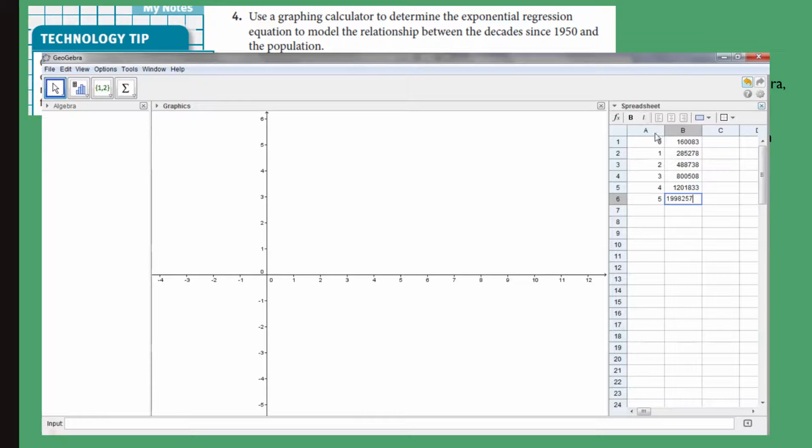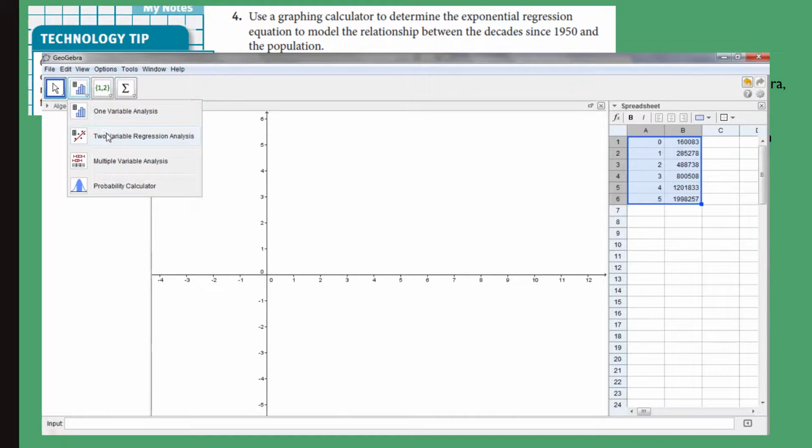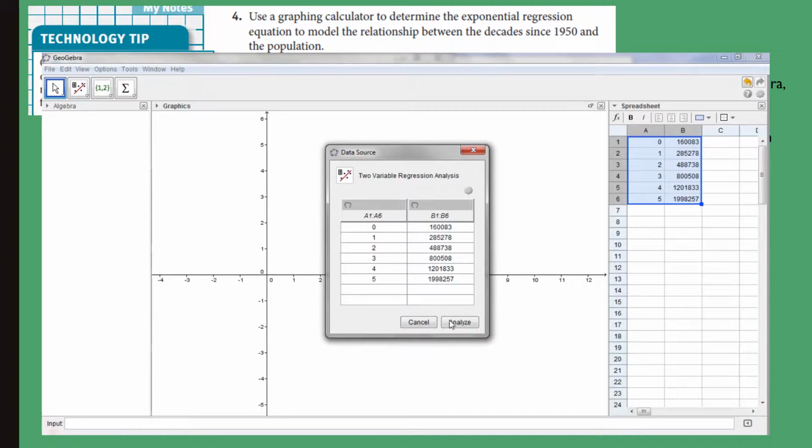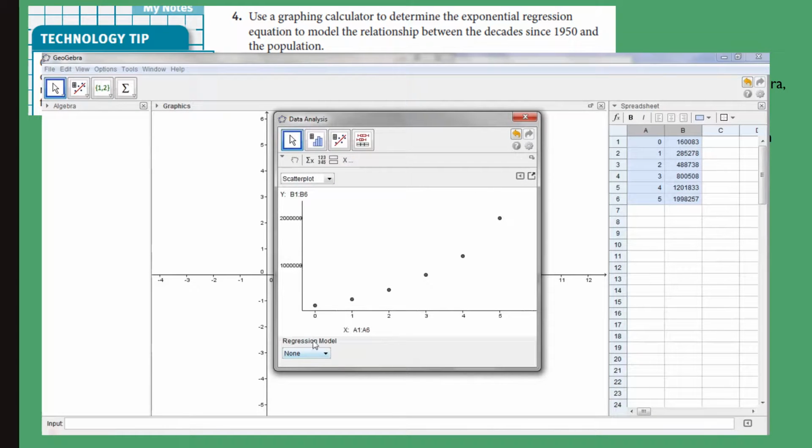So then what we'll do is we can highlight all that, and then we're going to come over here under analysis, and we're going to drop it down, and we're going to pick 2-variable regression analysis. And then we'll tell it to go ahead and analyze. And then under regression model, we want to pick growth.